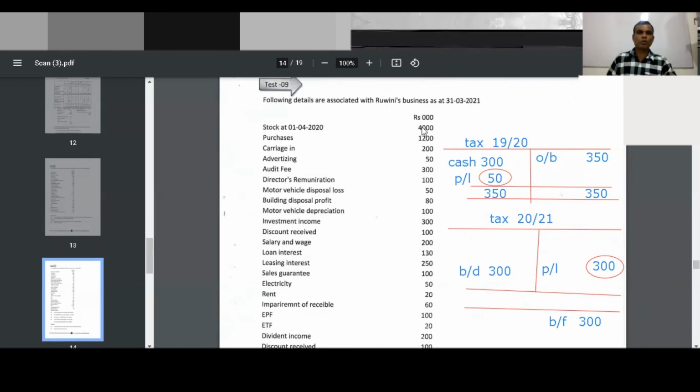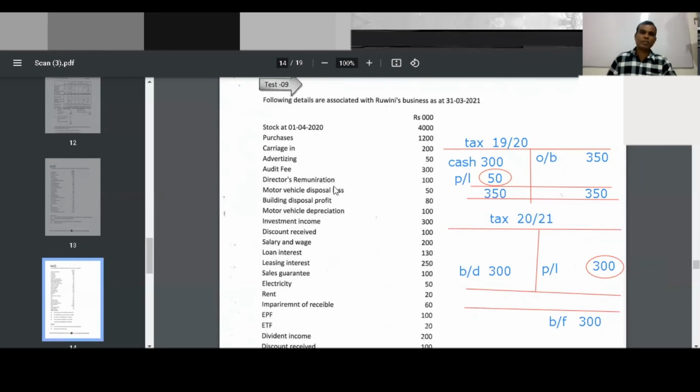Now move on to the beginning. The stock opening no matter, purchases no matter, carriage in no matter, advertising, audit fee. Audit fee is an administrative expense as well as profit before tax category.